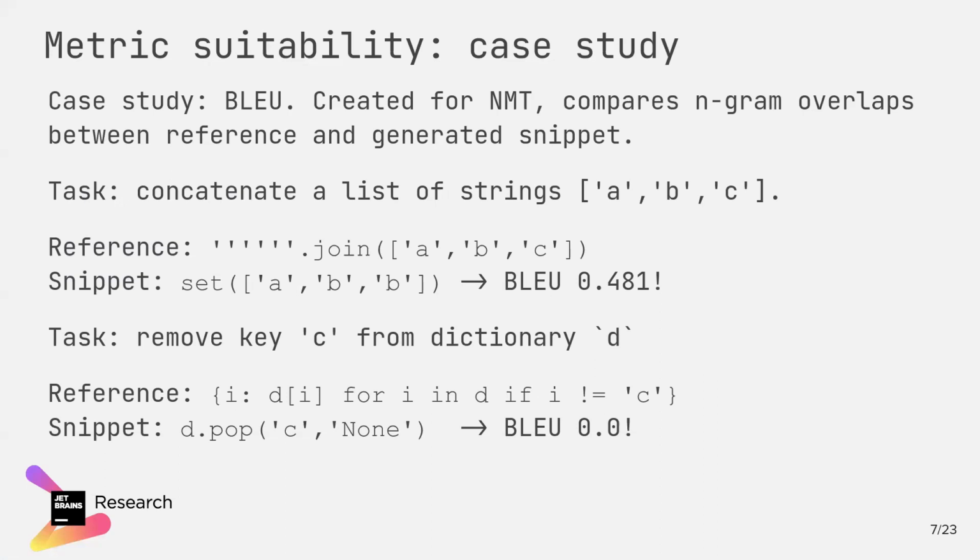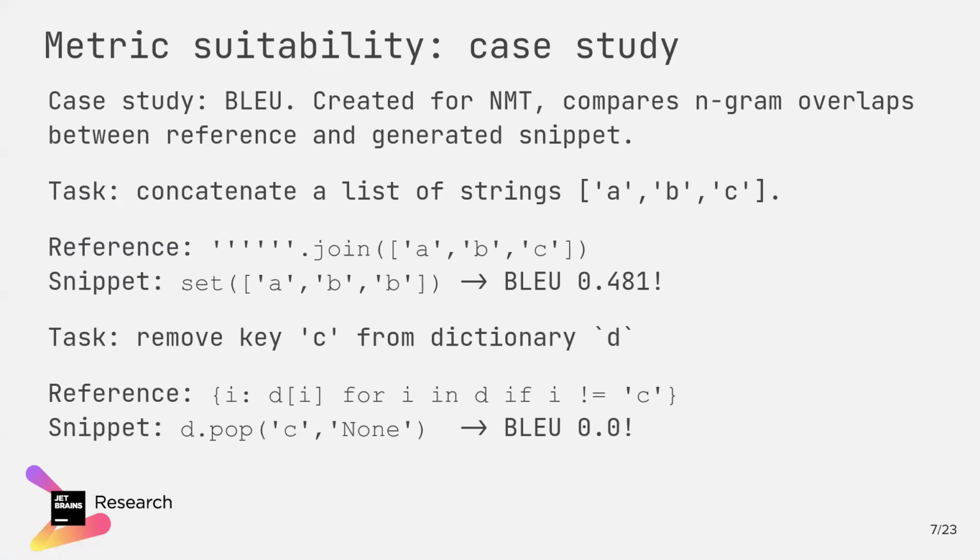A human programmer will probably give the snippet a 0 score because it's completely irrelevant to the problem. However, the BLEU score, according to the common way of computing BLEU, is 0.48, which could be treated as we are halfway there, but we're not really.